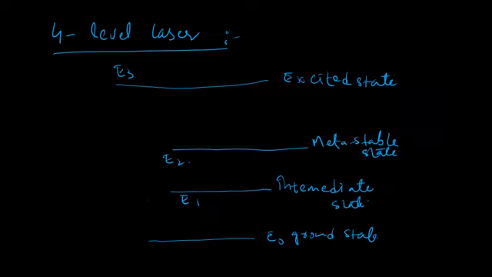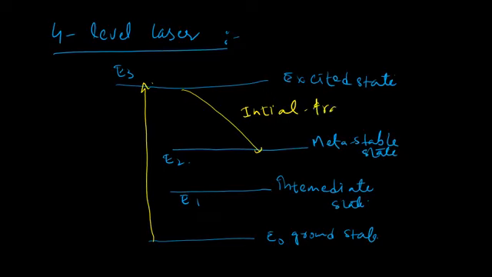By pumping, such as optical pumping, there is a transition from the ground state to the excited state. From this pump state, the atoms come to the metastable state. This is the initial transition from the excited state to the metastable state.